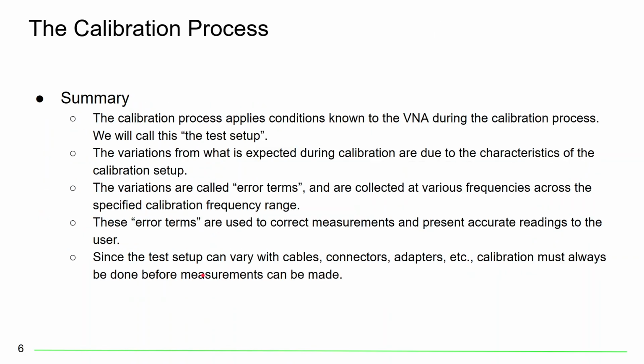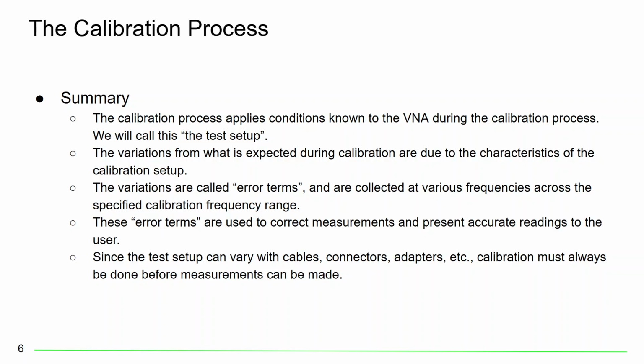So let's summarize. Calibration process applies conditions known to the VNA during the calibration process. We will call this the test setup. Variations from what is expected during calibration are due to the characteristics of the calibration setup.